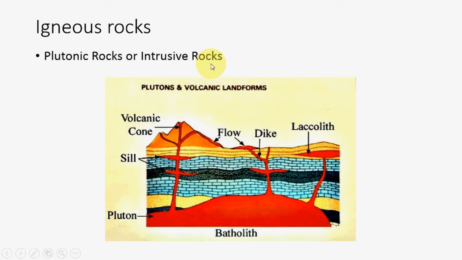Sometimes the magma that is coming out may not reach the top surface of the earth itself. Due to this, the molten matter instead cools down at a great depth in the earth. It does not come out, instead it cools down right there. So this results in various kinds of structures forming inside the earth itself.